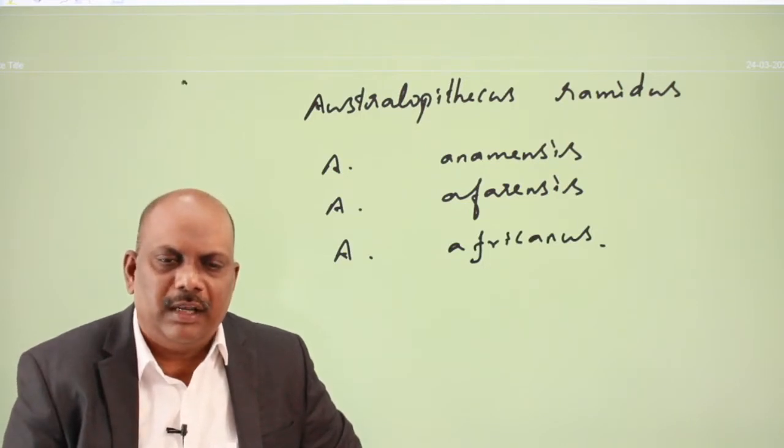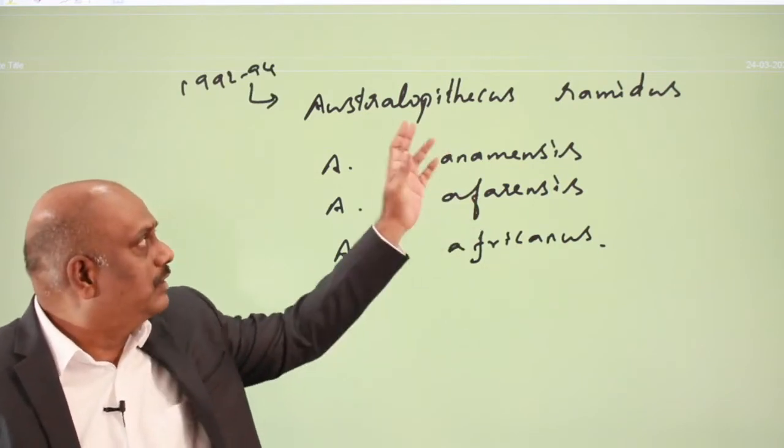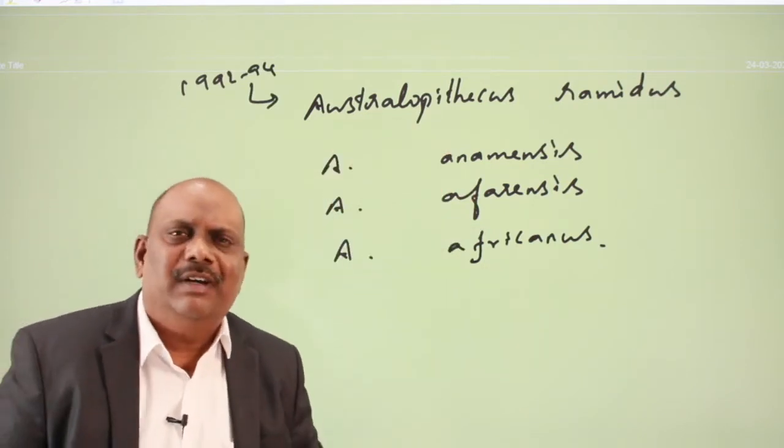Somewhere around 1992 to 94, the fossils of Australopithecus ramidus were discovered.